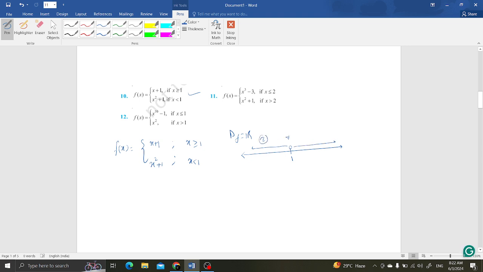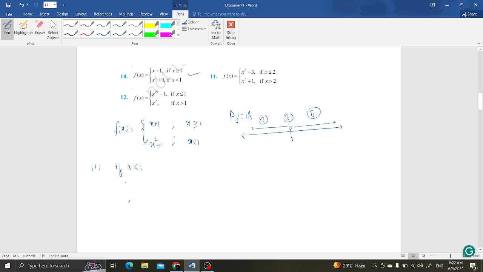First part, second part, and the third part. Like that we will discuss its continuity. So the first part is if x is less than 1. That means before 1, f of x will be x square plus 1.